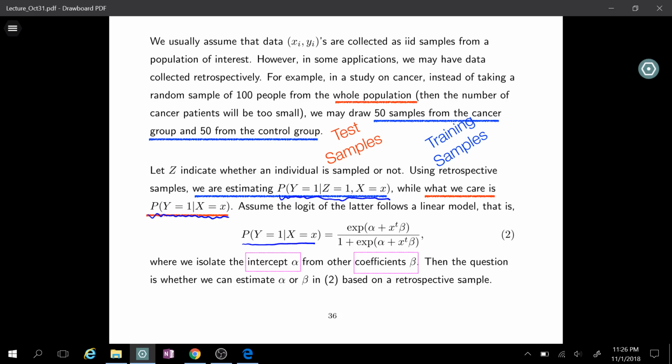Here I isolate the intercept and the coefficients associated with non-intercept features. Now the question is, if we really care about model 2, and we want to estimate alpha and beta from equation 2, can we learn them from a retrospective sample?